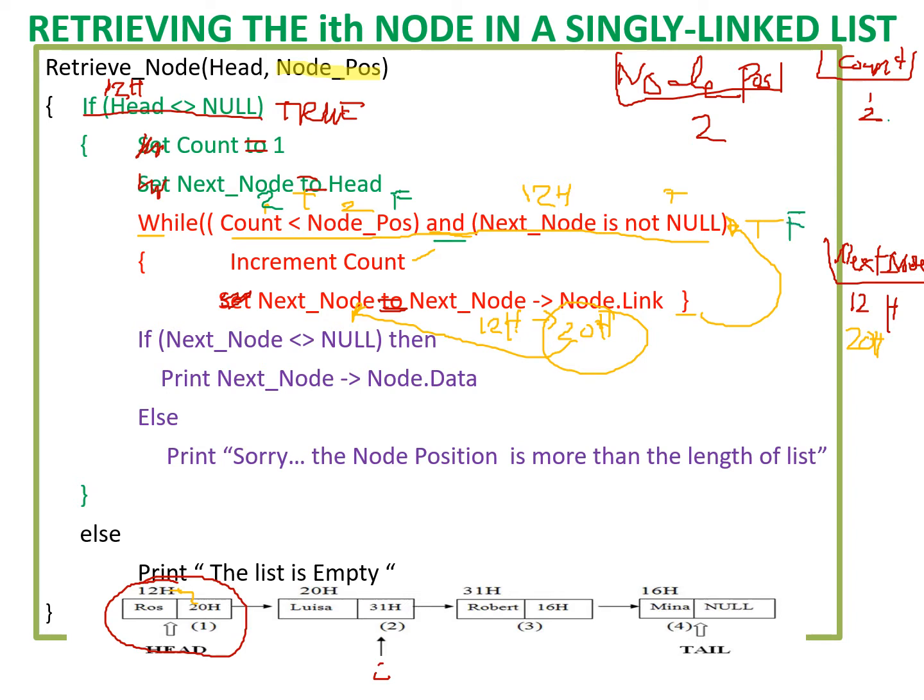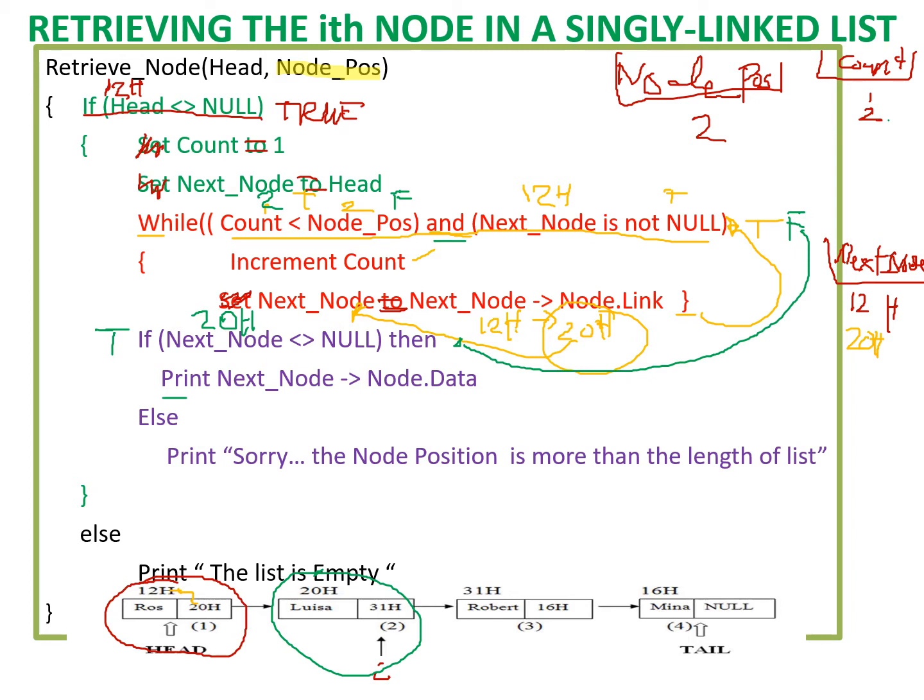If that is false, go to the if statement. If next node is not equal to null, next node is 20H. Is 20H not equal to null? True. So if it is true, you're going to print next node referencing node.data.